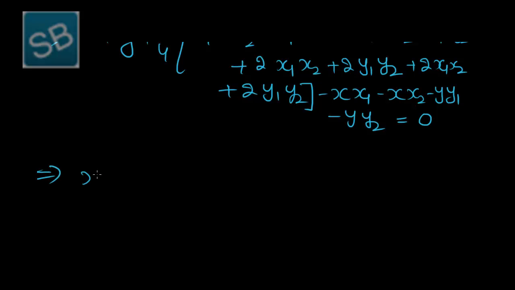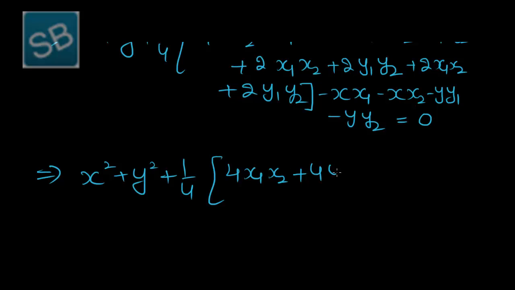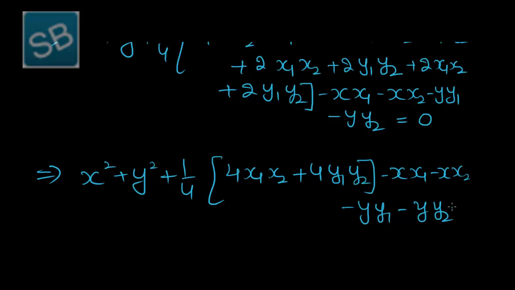That implies we get x square plus y square plus 1 by 4, (4x1 x2 plus 4y1 y2) minus xx1 minus xx2 minus yy1 minus yy2 is equal to 0.